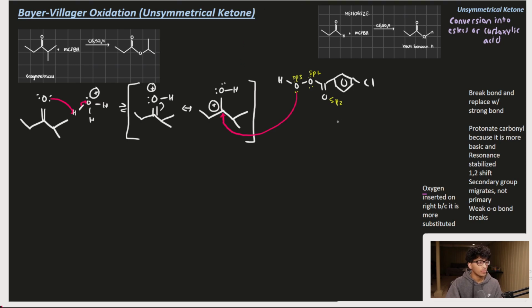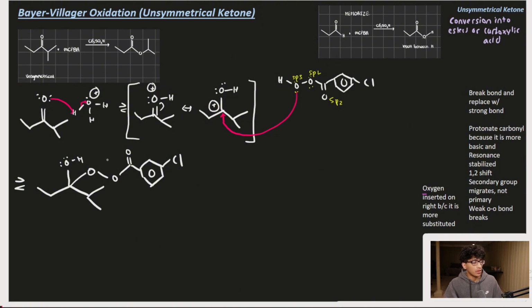And so now we formed, so yeah, if we were to do it right here, our structure will look like this. This guy has an H, so he is positively charged.